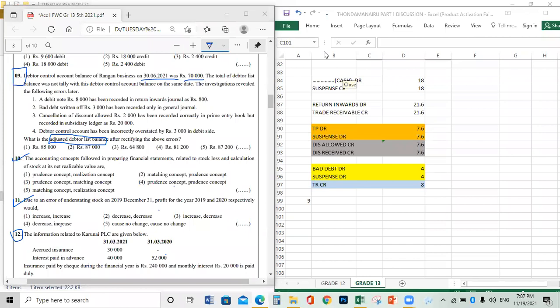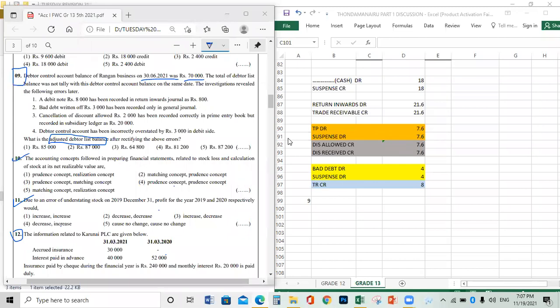Usually, guys, in list balance, you record individual errors, right? So they are telling after you correct all these individual mistakes done in the list balance, what is the corrected list balance?